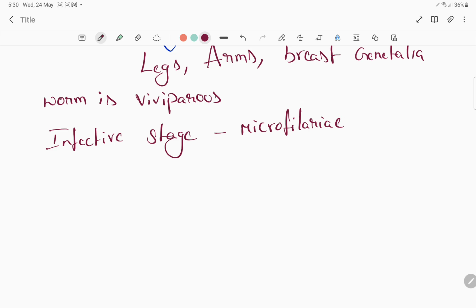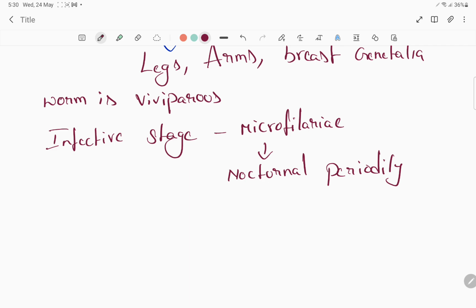The larva will exhibit nocturnal periodicity, which means they migrate in large numbers to the peripheral blood vessels during night time.